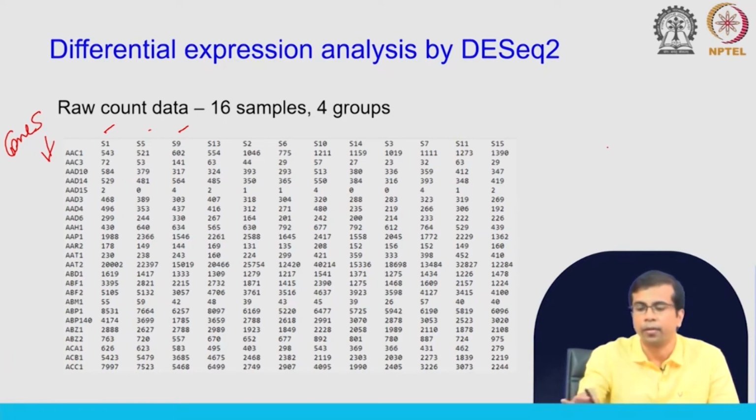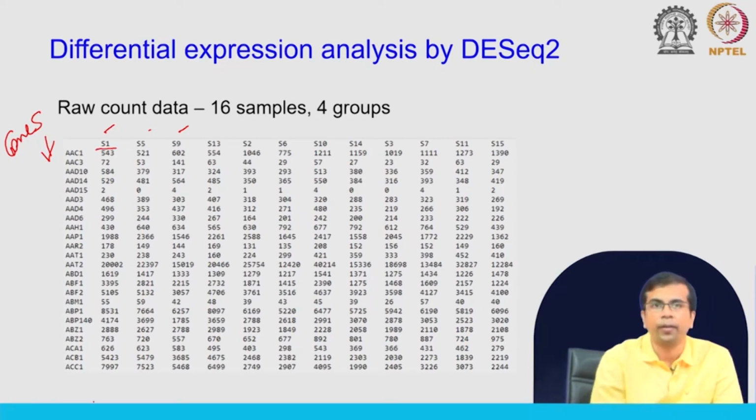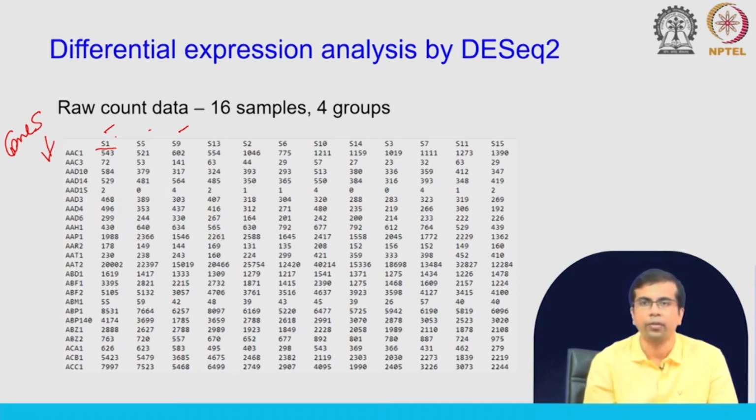Of course, I cannot show you all the columns in this small space, but you have 16 samples, and for each sample these are the count data, right. So, you can see for gene ASC1 in sample 1 you have 543 reads mapping to this gene, okay. These are ordered in such a way that the replicates are side by side. So, S1, S5, S9, S13 are replicates of each other, okay. So, this is how these are organized, okay.